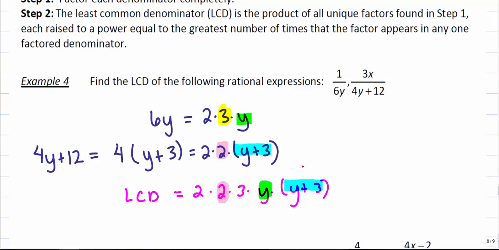But then each is raised to a power equal to the greatest number of times that factor appears in any one. So the reason why I'm taking 2 of these is because that's the greatest number of times it appears. So that's really 2 squared, right? And so now my job is just to multiply all this together. So 2 times 2 is 4 times 3 is 12, and then y plus 3. And so that would be my LCD.